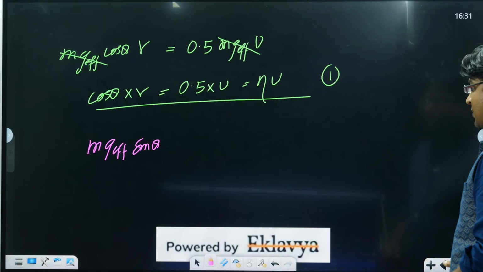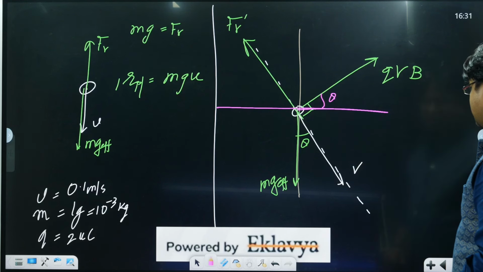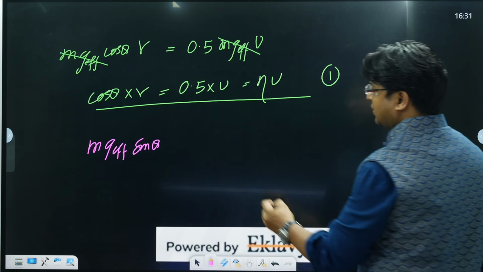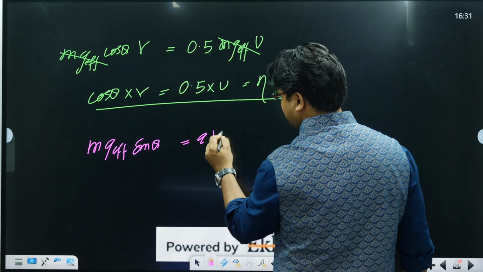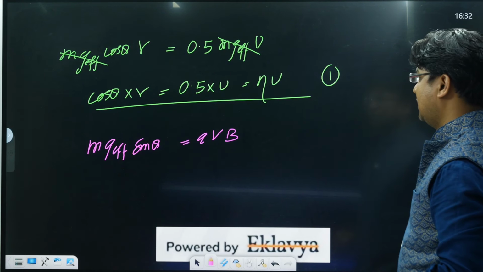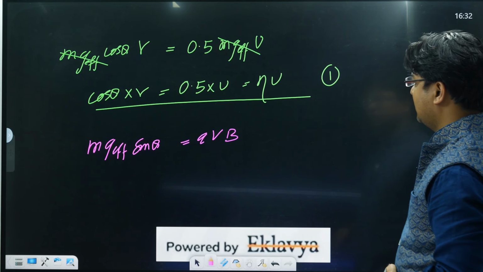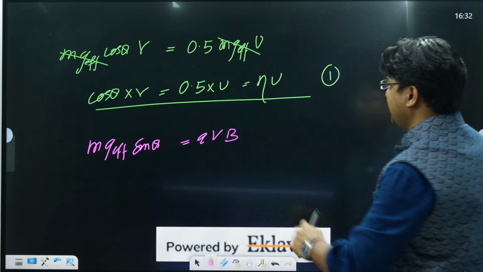mg effective sine theta is equal to QVB. This is what we are getting, and we got a relationship, so V can be replaced here.